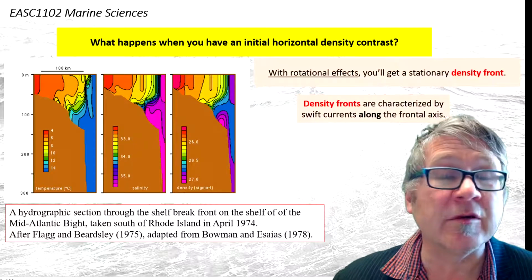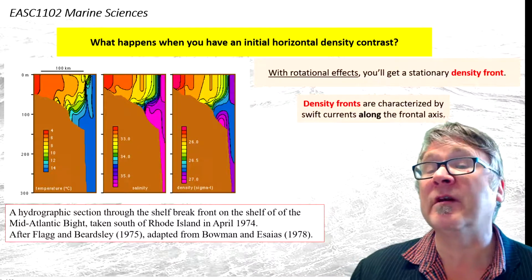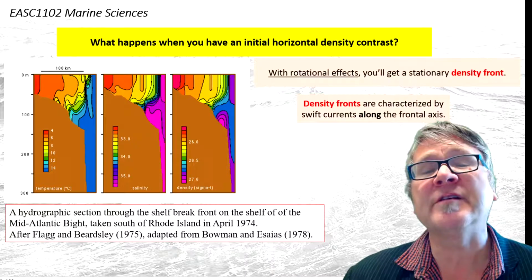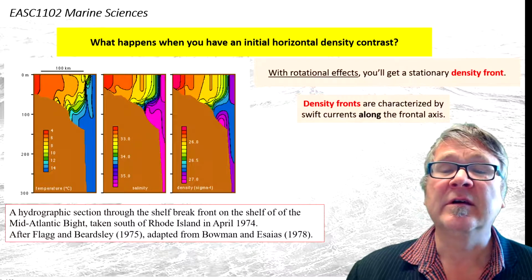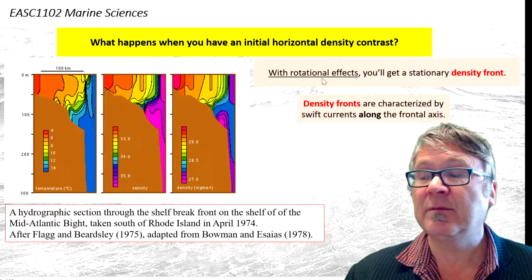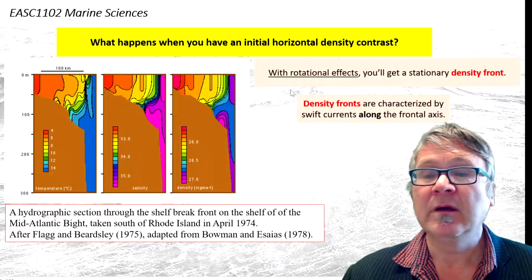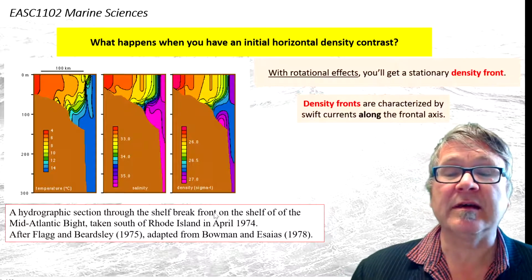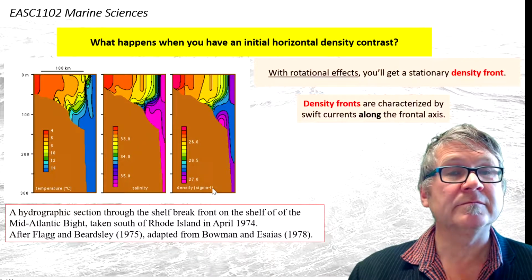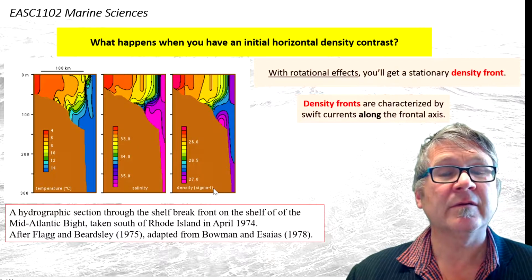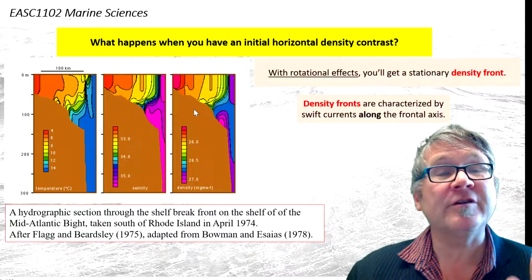This is one example of a so-called shelf break front that you find in the oceans. It's a typical feature. So let's have a look at that. Look at the right panel. It shows sigma t values, and it's a vertical transect.